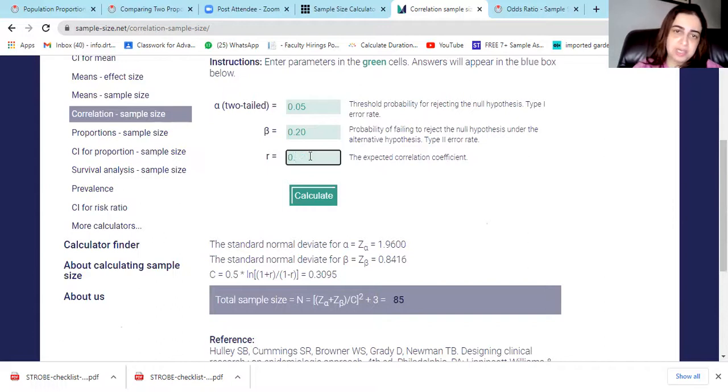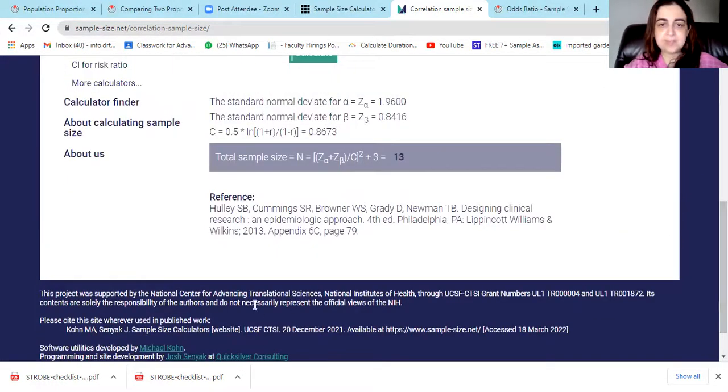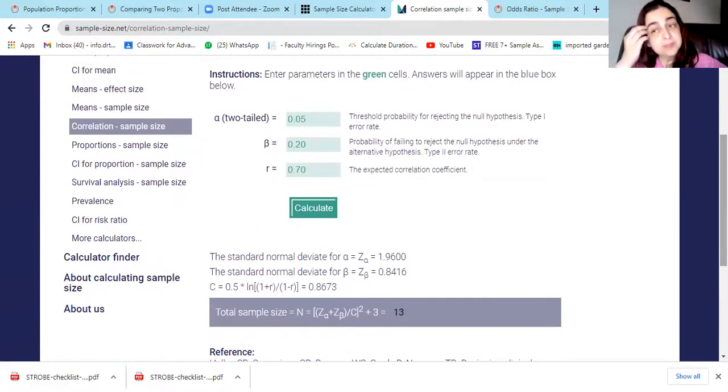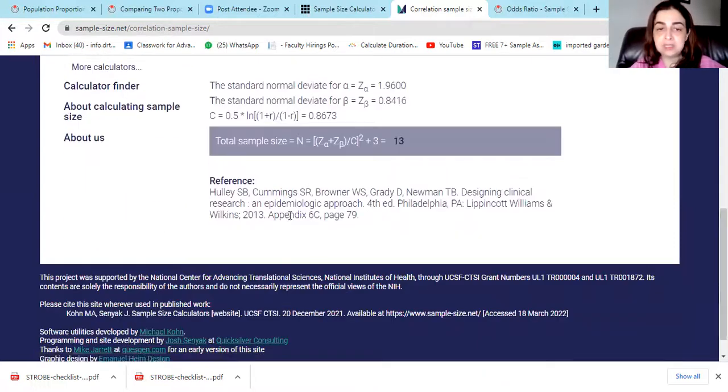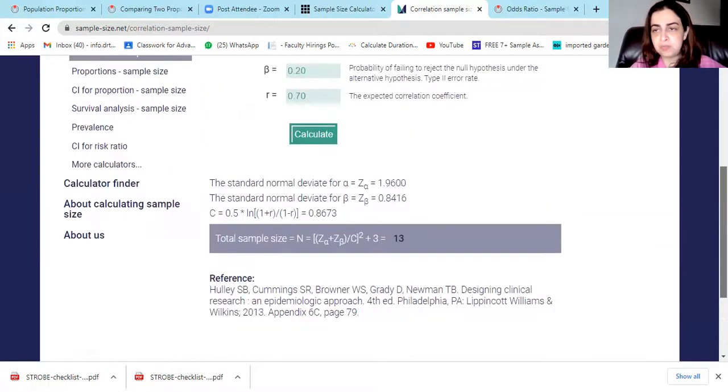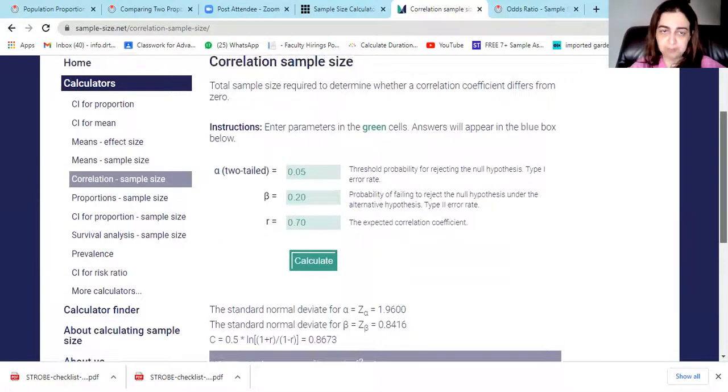Let's put a larger correlation coefficient, 0.70, and you can see that a smaller sample size is required. This is the reference which you can use if you want to quote where you calculated the sample size from. And if you open this reference, you will find the formula that they have used as well.